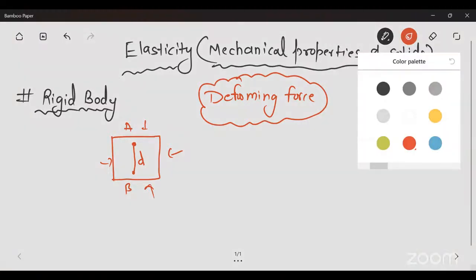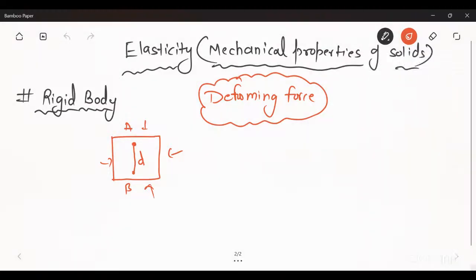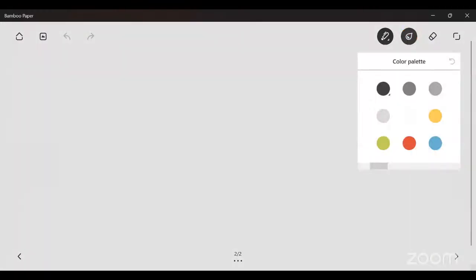But there are two other types of body, known as the elastic body and the plastic body. First, a body is like this. Suppose there are two intermolecular points A and B. The distance between these points is D. Now, if we apply a deforming force on it, the distance between these two points can be changed.